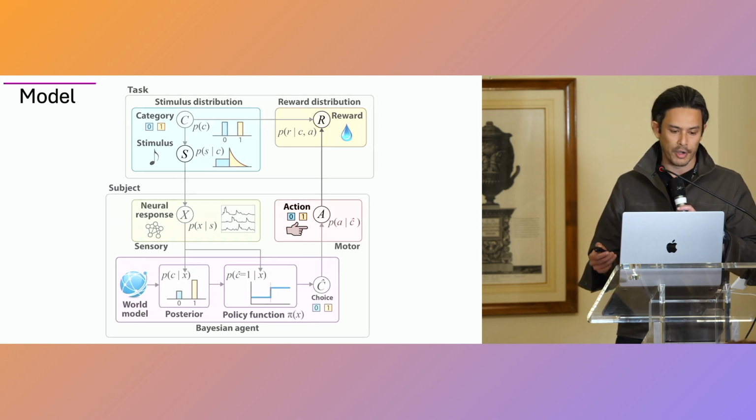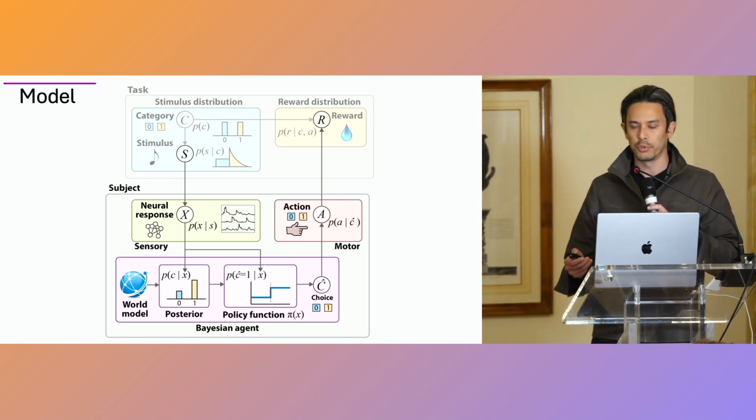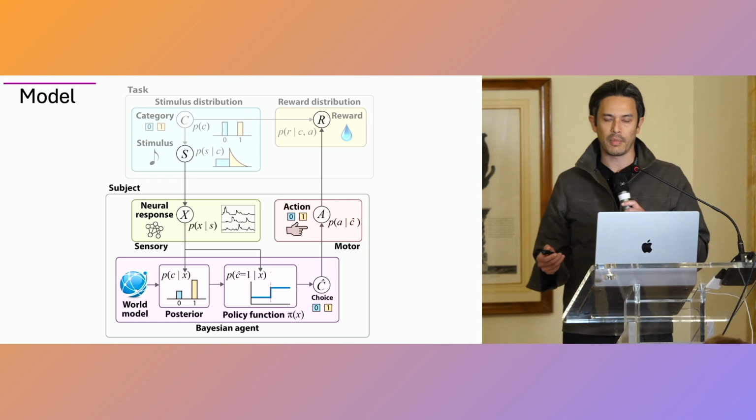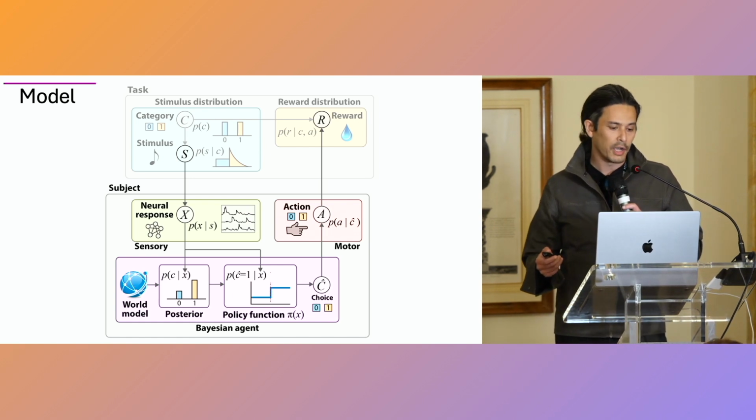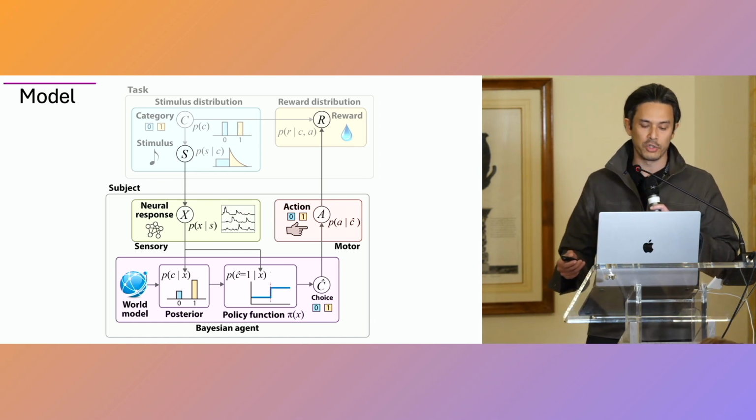true latent category. Now, the decision maker in this case is a Bayesian agent who can only interact with the world through noisy sensory and motor systems. It can't see the actual stimulus, so it can only see a noisy evoked neural response, which it uses to compute a posterior distribution over latent variables with the aid of an internal subjective world model.